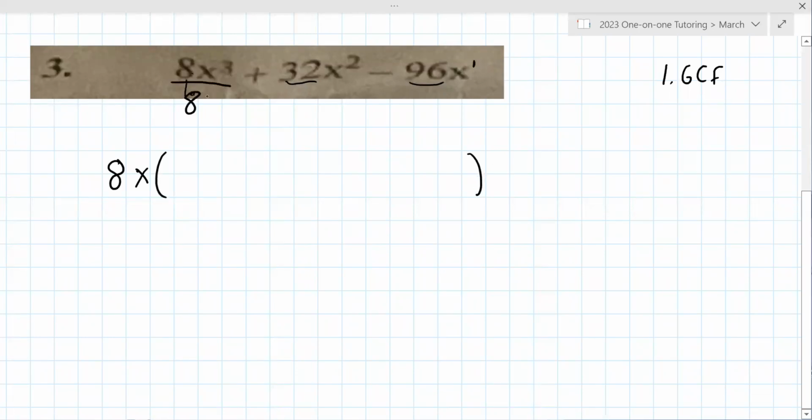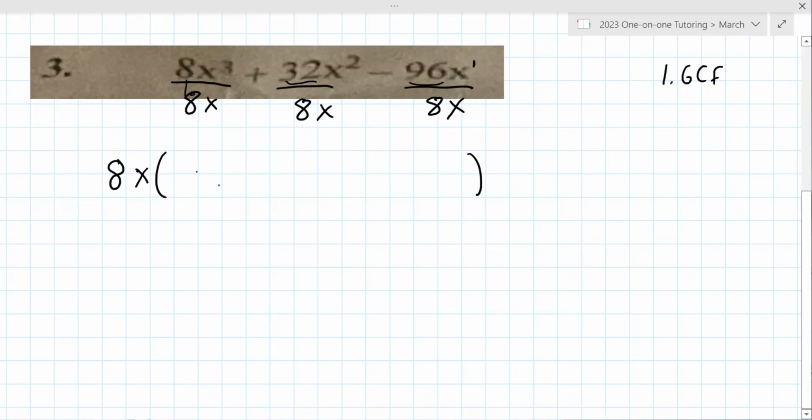So you're going to divide each of them by 8x. Let me know what you get in parentheses, please.